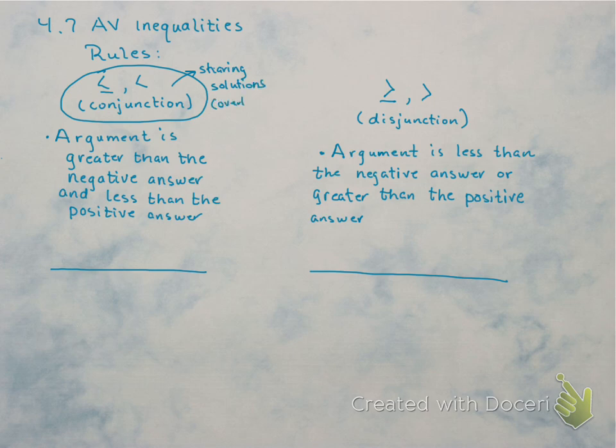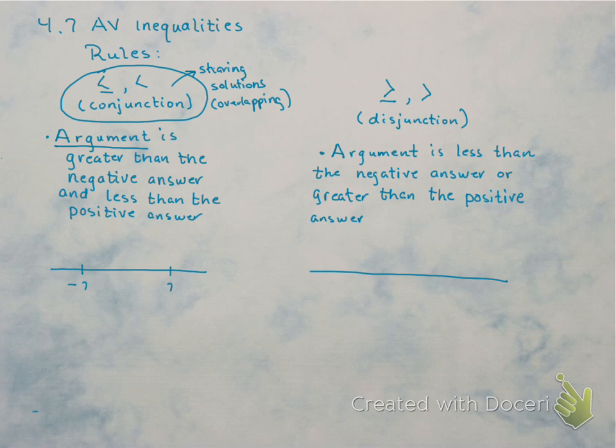Remember that, okay? From our conjunction and disjunction sections. Conjunction means that we are sharing or overlapping the solutions. So when we remove the absolute value symbols from an absolute value inequality, we are going to take the argument, okay? And the argument is going to be greater than the negative. So say I've got a negative number right here and less than the positive, okay?